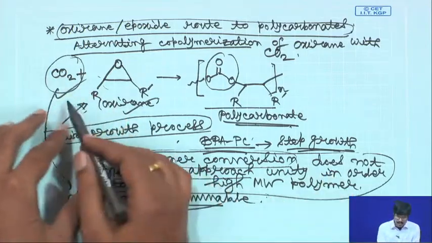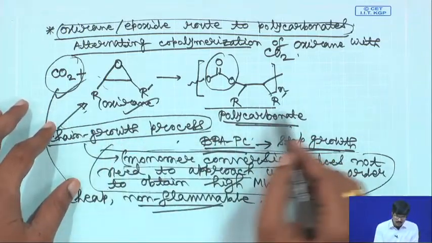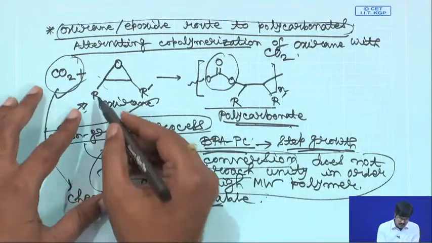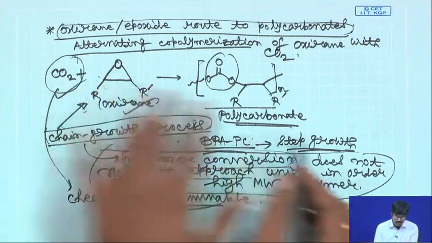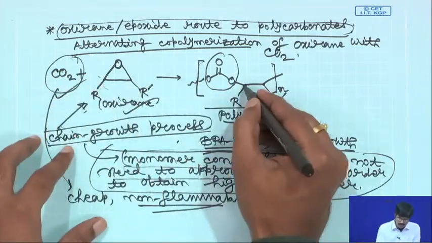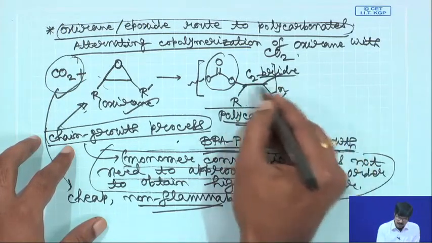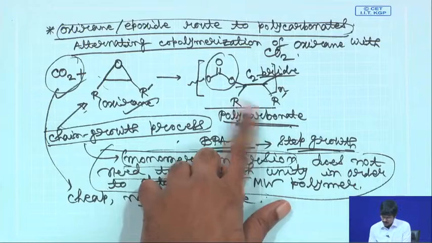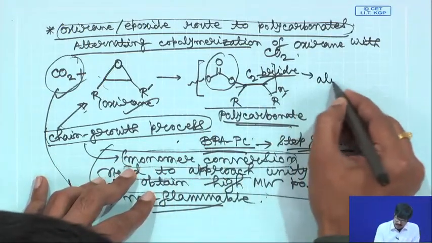However, the nature of this particular process, if you look at this unit here, you basically have a C2 bridge, 2 carbons here, and this is an aliphatic C2 bridge.